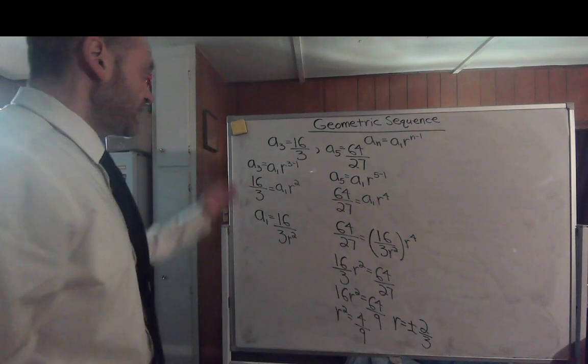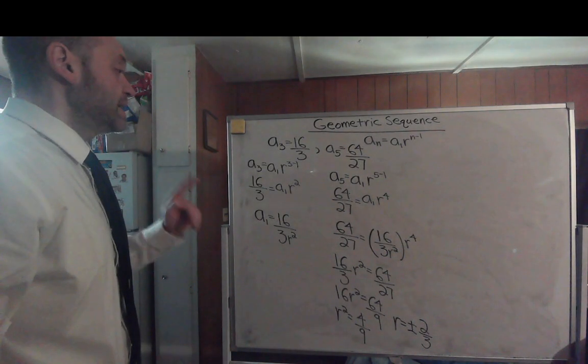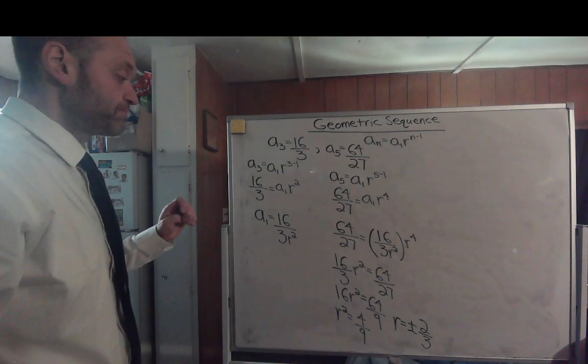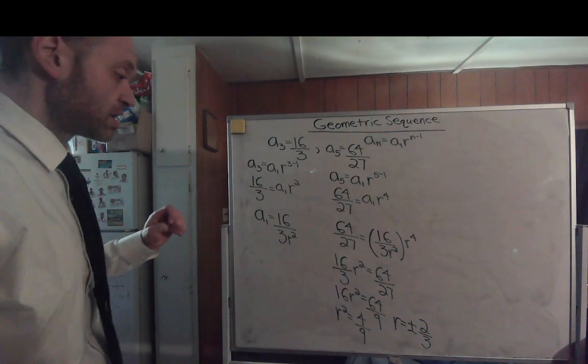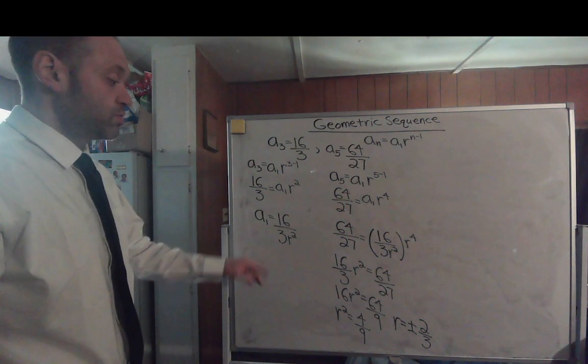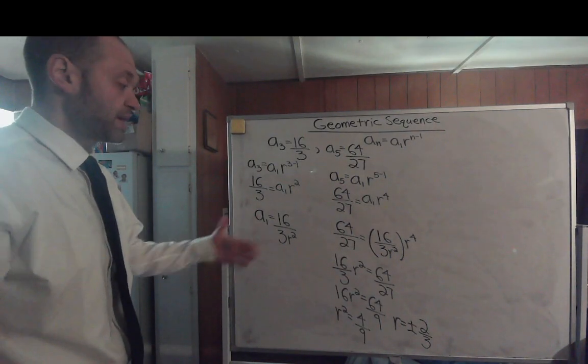Alright, so we got that. Now, we need to find the a sub 1 formula. So, we got our common ratio. We can substitute this into a sub 1 and solve for a sub 1.